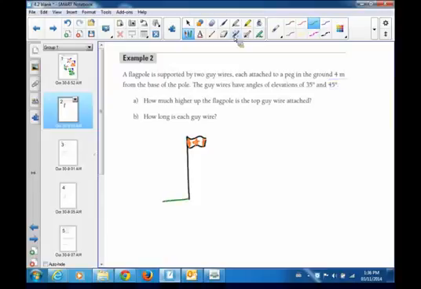Call this 4 meters. That's about 45 degrees-ish. That's the 45 degrees. Well, it says one of them is, and one's 35.